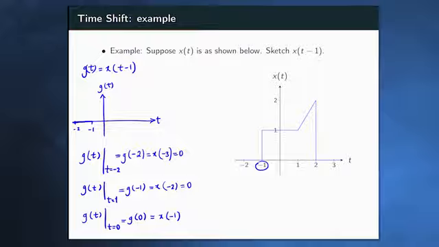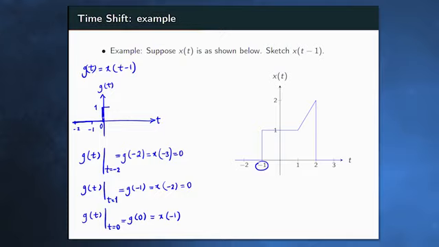So I expect to see a similar pattern for g of t. In other words, to the left of t equal to 0 in the graph of g of t, I should have g of t equal to 0. And to the right of t equal to 0, g of t is equal to 1.